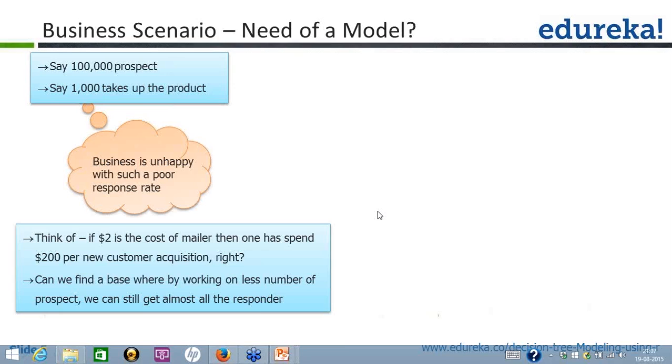Bardhan, are you there? He's saying you have not shared the video. Bardhan called up. He's saying that he can't see the video. Show it to him.